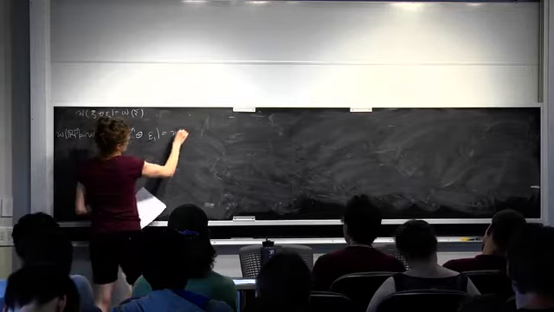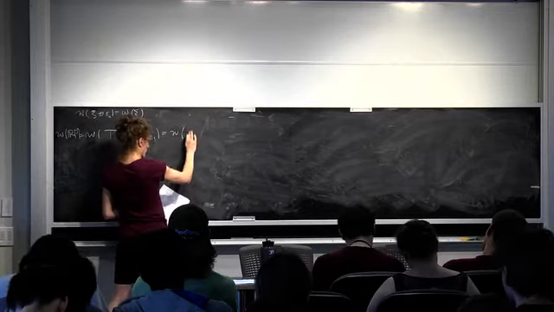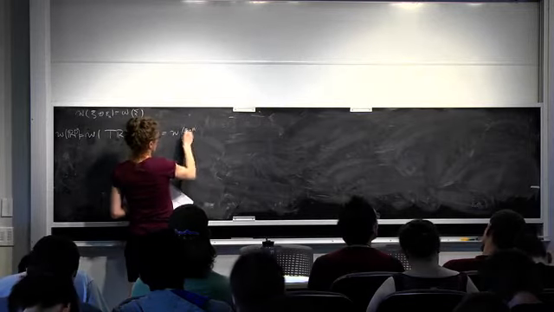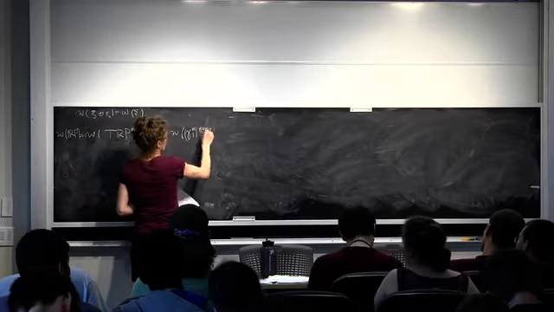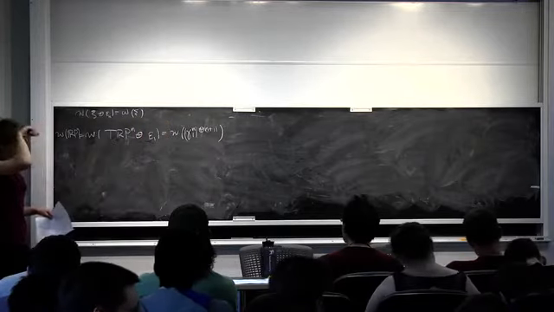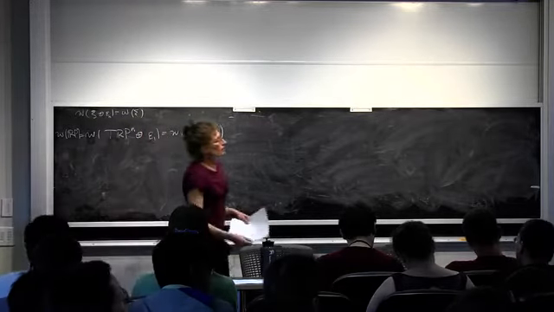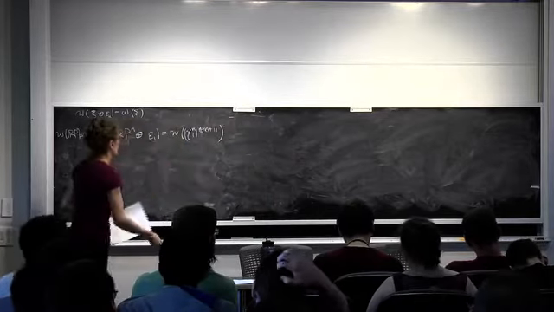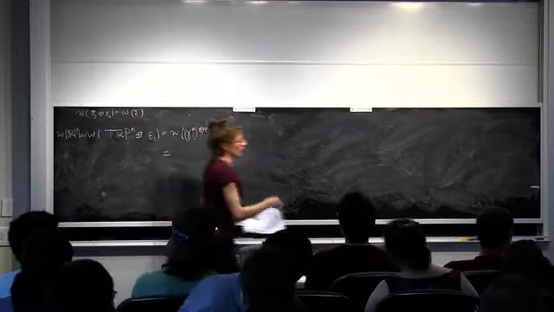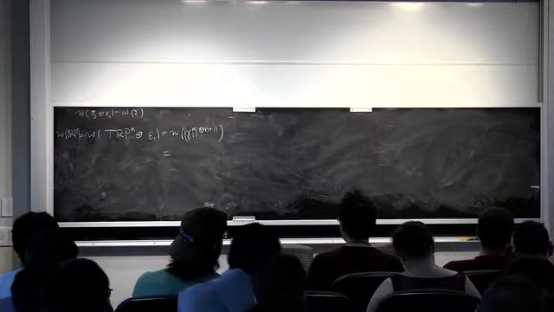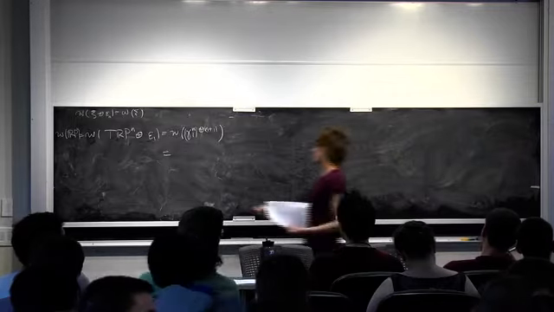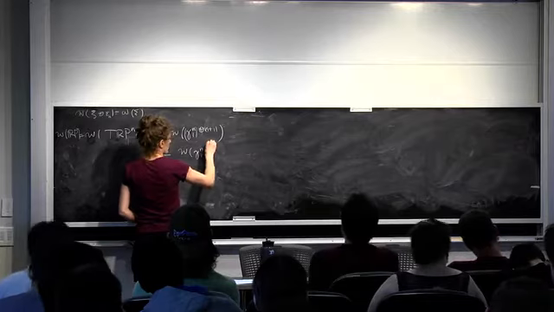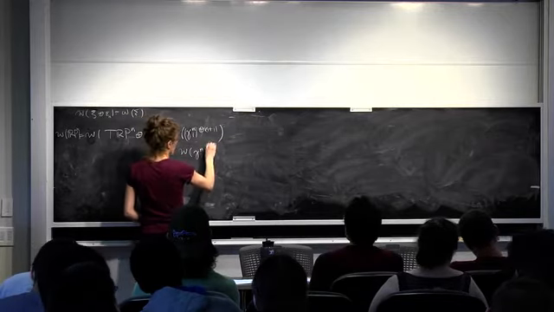But now, this is the total Stiefel-Whitney class of gamma^1_n to the n+1. Everybody agrees? I just use my equality on the bottom. But now I can use the product formula, and I use it n+1 times, and I get the total Stiefel-Whitney class of gamma^1_n to the power n+1.